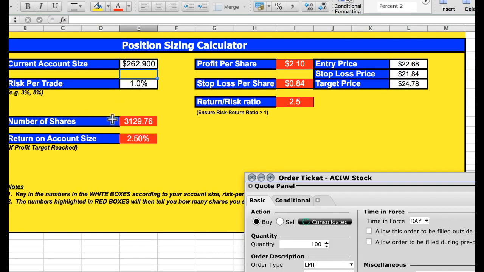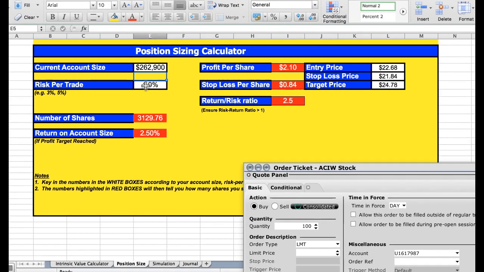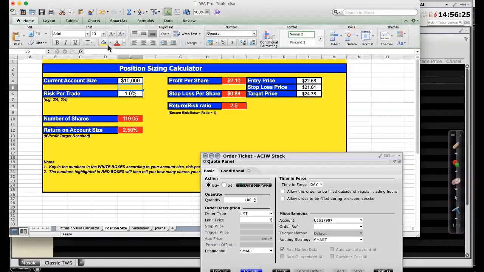I should be buying 3,129 shares. Again, if you don't have $250,000 in your account, and if you've got 10 grand, then you should buy 119 shares, right? So it'll tell you exactly how many shares to buy based on your capital and how much you're risking, all right? So let's stick to 10 grand. Let's imagine you've got 10 grand, right? So we're going to buy 119 shares.